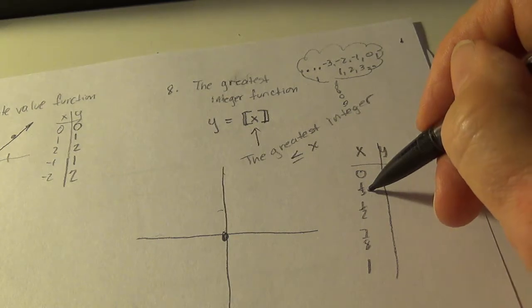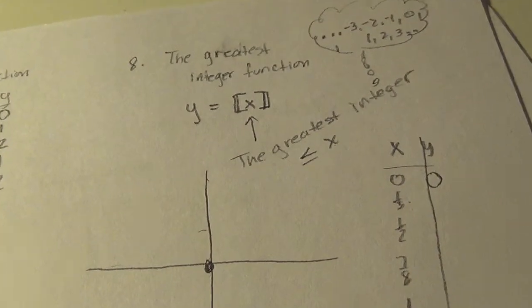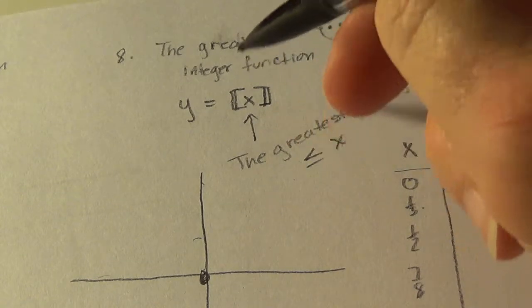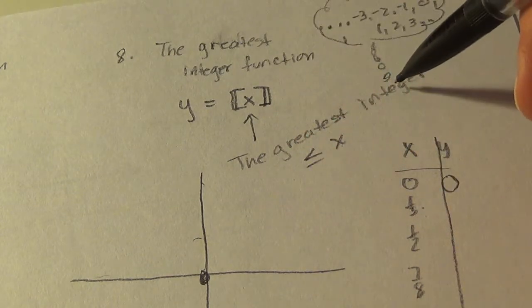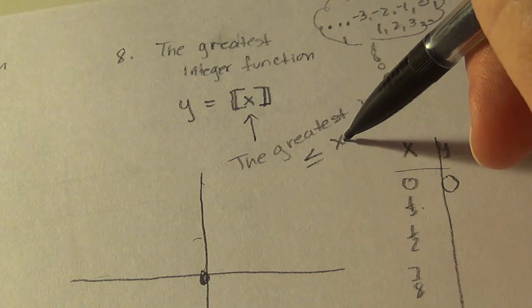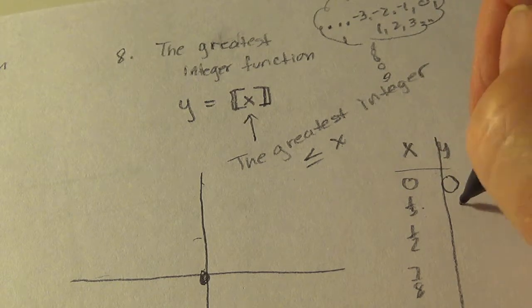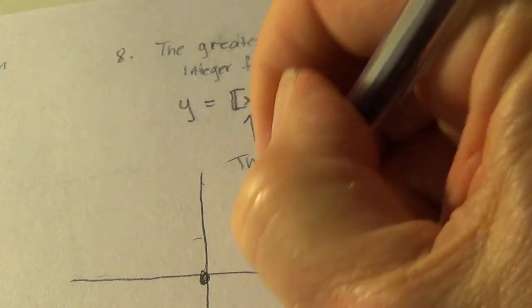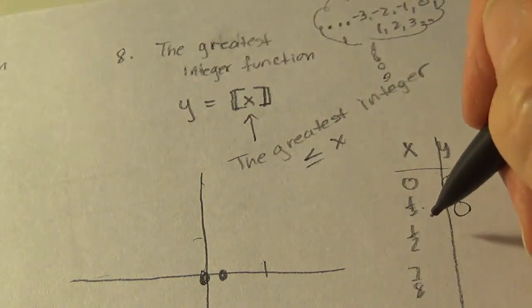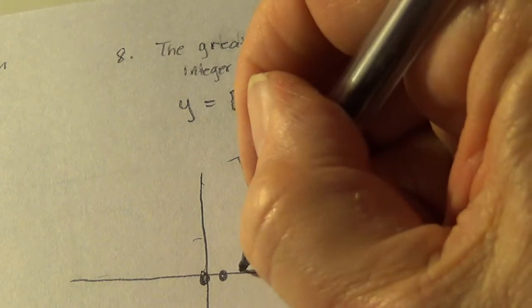Now when I put 1/3 in, then I have the greatest integer less than or equal to 1/3. So the integer less than 1/3 is 0. So if this is 1/3, we've got 0 again. The greatest integer less than or equal to 1/2, 0.